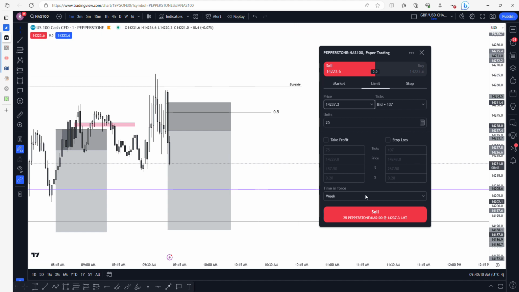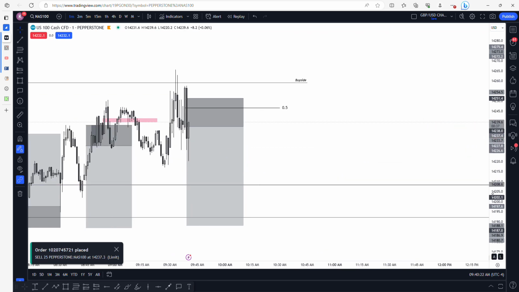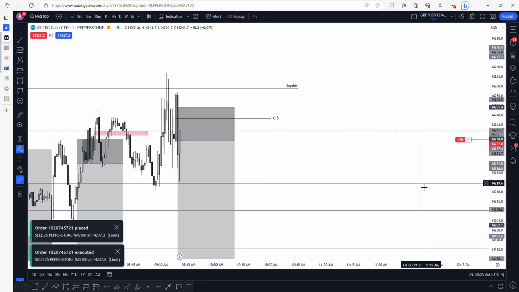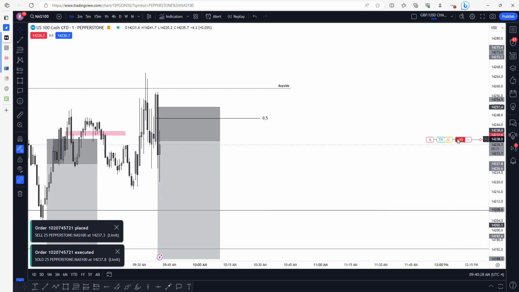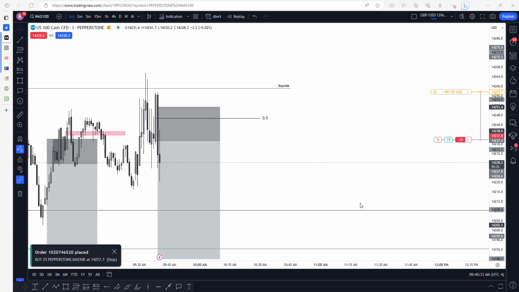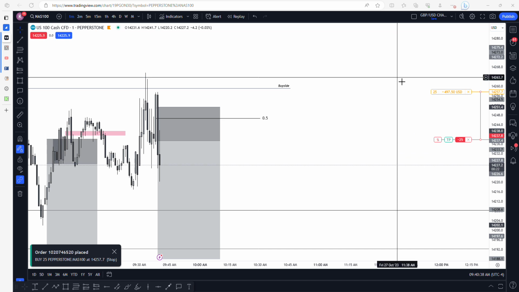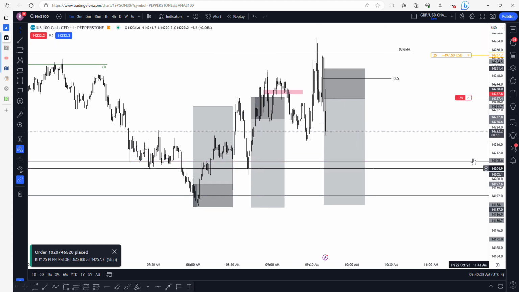Okay. Ooh, this is so aggressive. What stops above? As soon as this is broken, should be good.